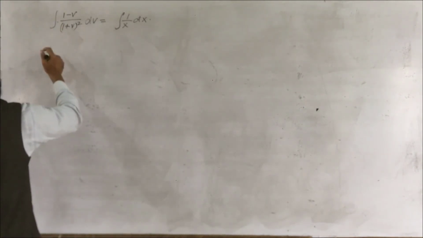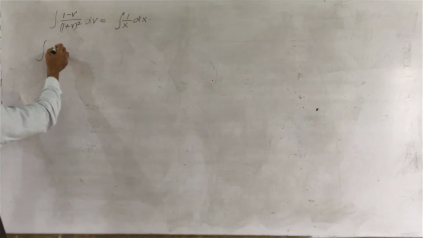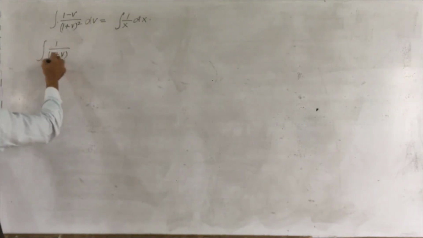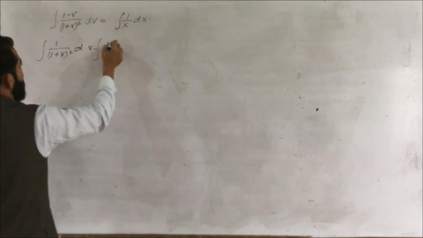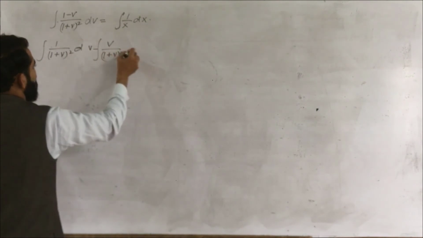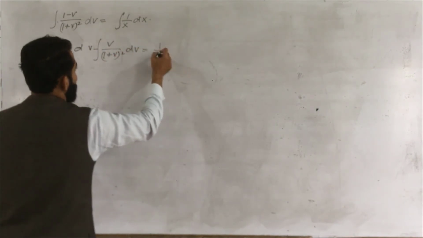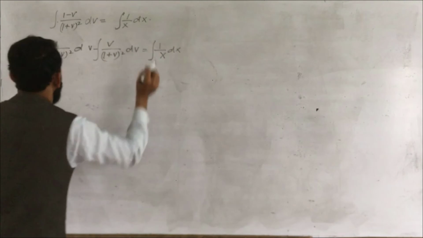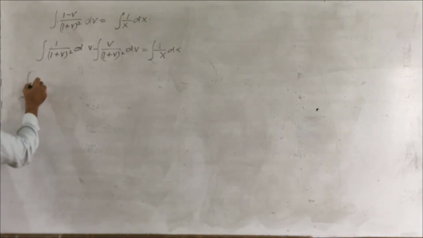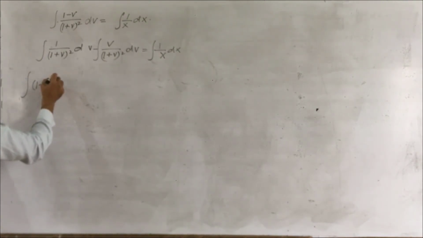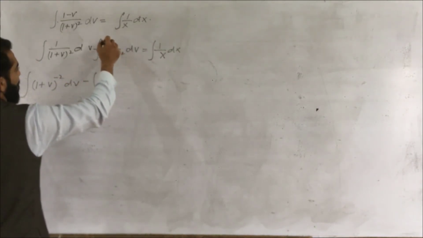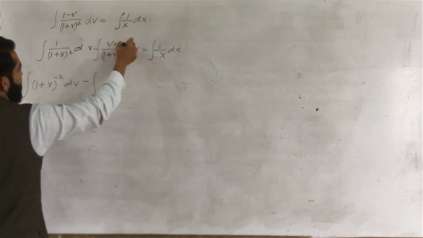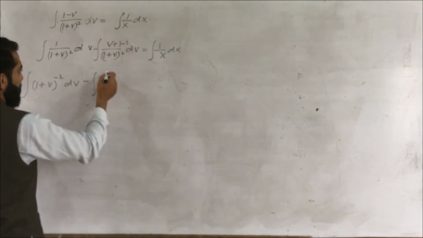We can solve this integral by separating the denominator. Integration of (1 minus v) over (1 plus v) whole square dv is equal to integration of 1 over x dx. This will convert to 1 over (1 plus v) to the power minus 2 dv. We will add 1 and subtract 1 here, and then separate the denominator.